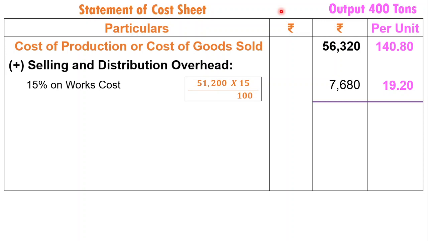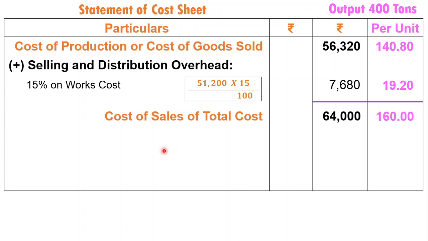Now the total of cost of production and selling and distribution overhead, that is 64,000 in terms of value, and per ton or per unit column it's 160.